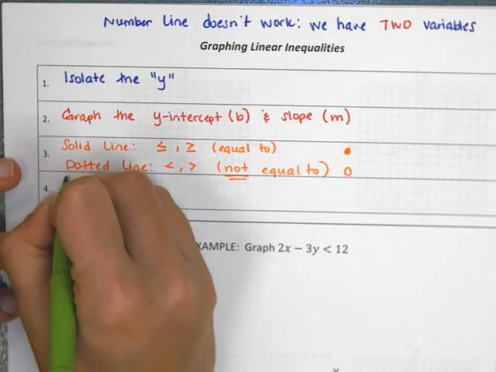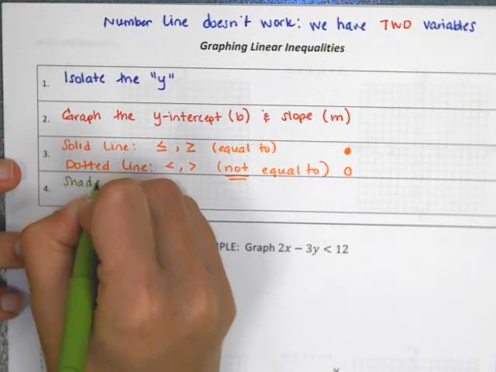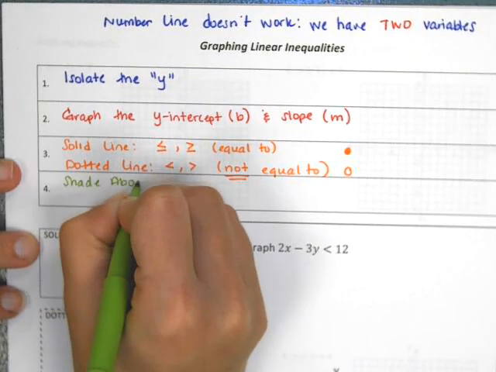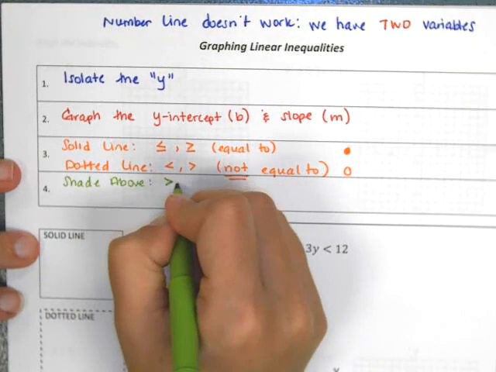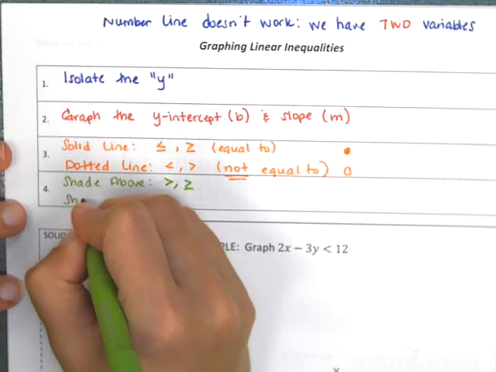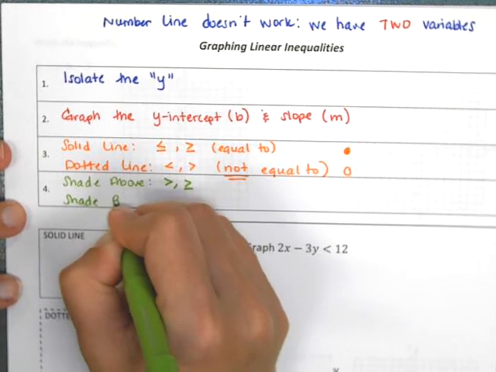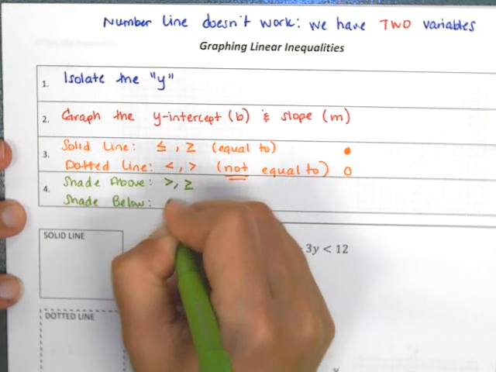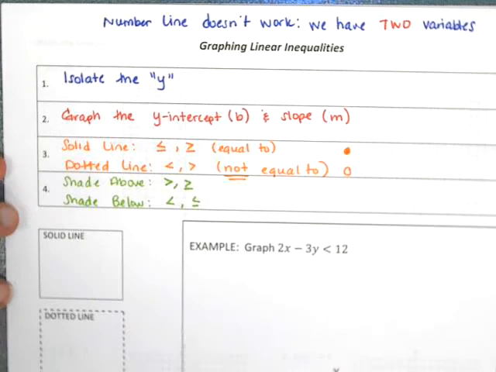We are going to shade above the line when it's a greater than or equal to. And we are going to shade below the line when it's a less than or equal to. So greater than means above, less than means below.